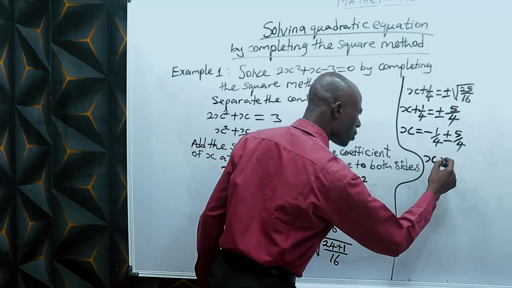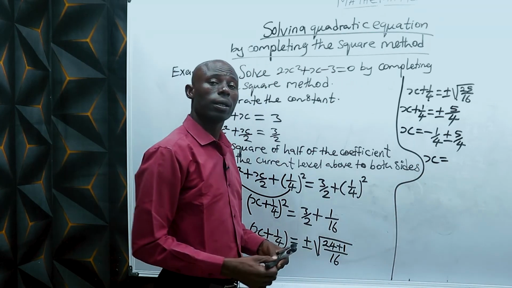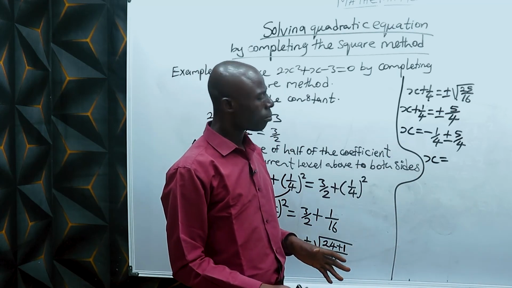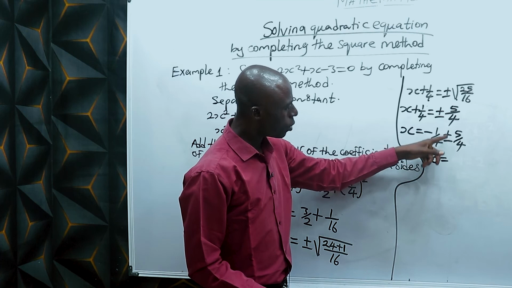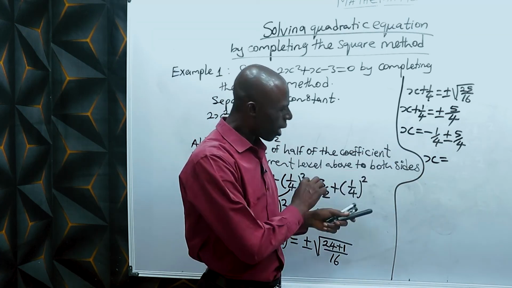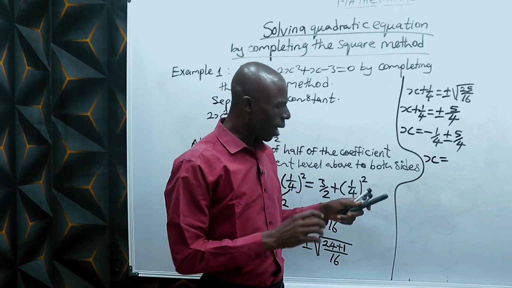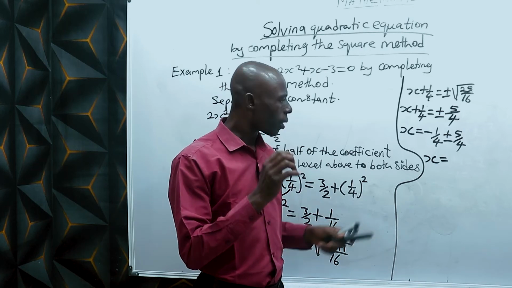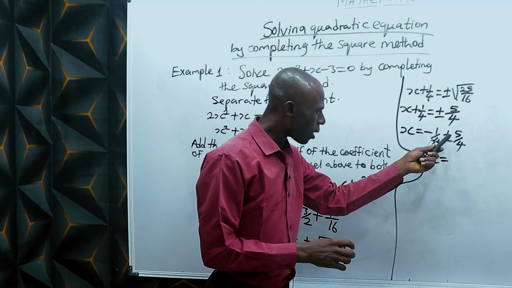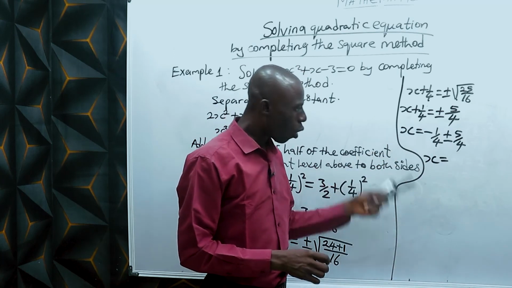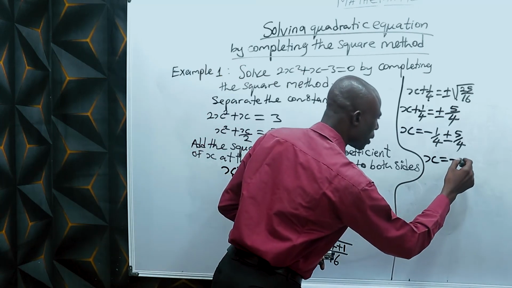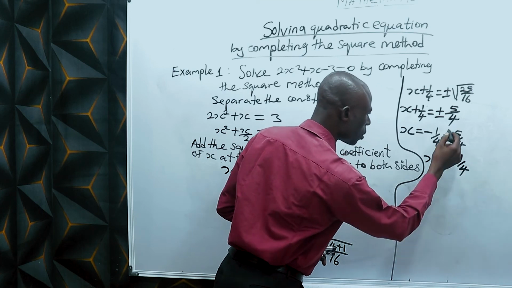Now, here comes the important step in the completing the square method. You see this double sign, plus or minus. You have to write the equation with either plus or minus at a different time. Minus 1 over 4.